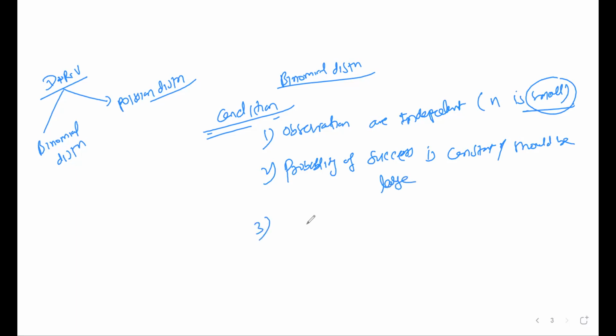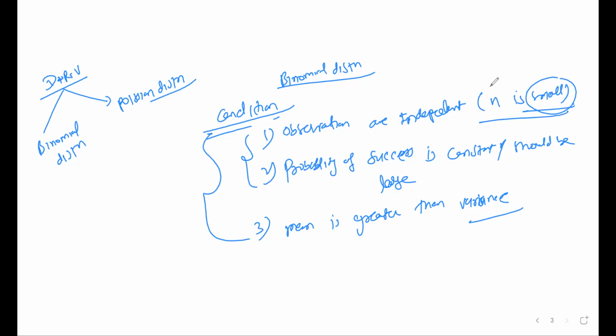And the third one, mean is greater than variance. Remember that these conditions are important: the number of observations must be small and the probability of success must be high. For example, if a dice is rolled once, what is the probability of getting a 5? It is 1/6. So there should be a probability of success, not a probability of failure.